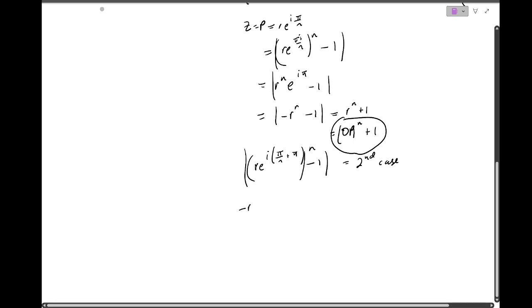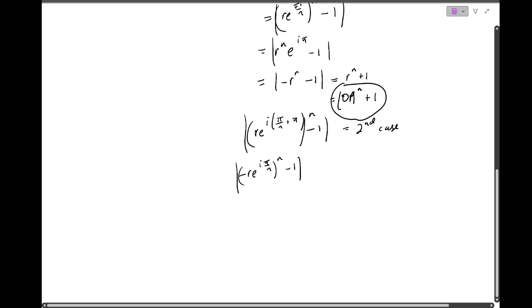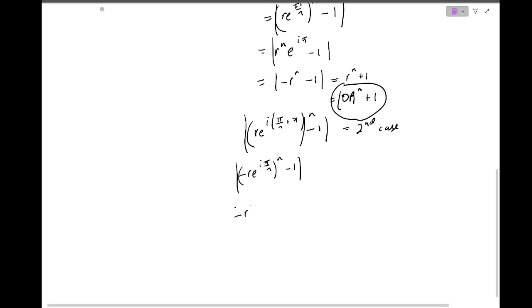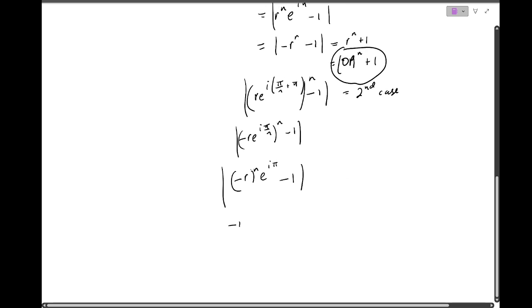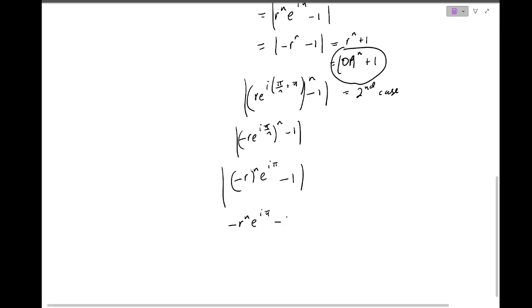So it's going to become minus r e to the I pi over n to the nth power minus 1. And this will end up being minus r to the n e to the I pi minus 1. And because n is odd, this is going to continue. This is just going to be minus r to the n e to the I pi minus 1.